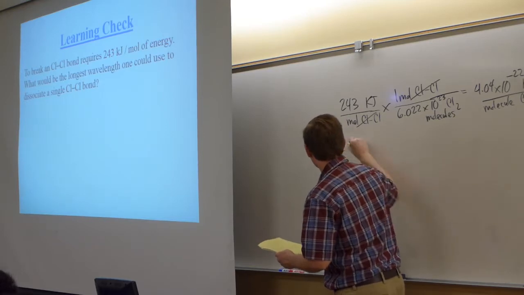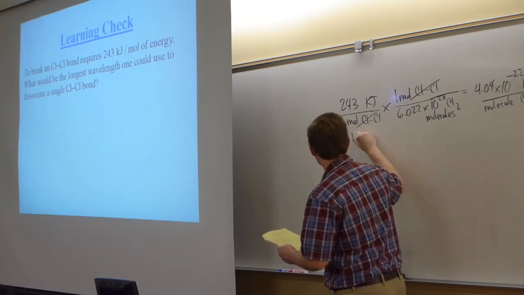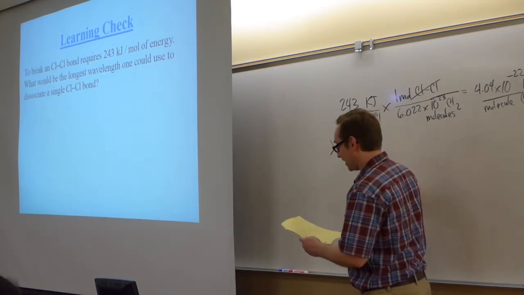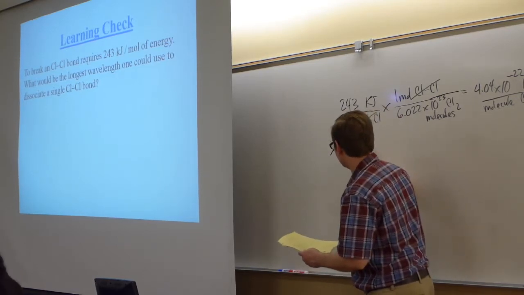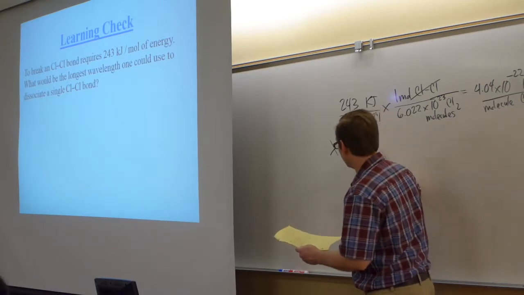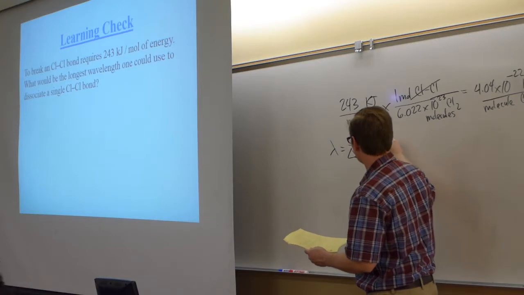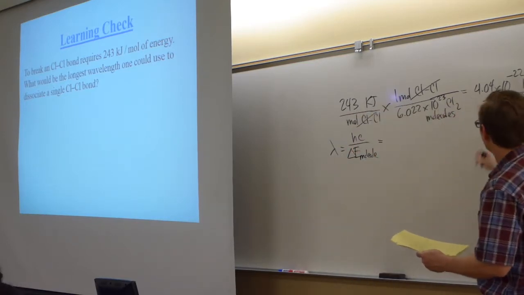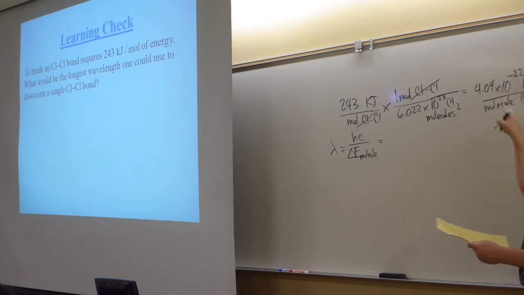Okay, so here's, you might recognize this. The wavelength is going to equal Planck's constant times the speed of light in a vacuum, divided by delta E atom. But in this case, we're going to say delta E molecule because it's chlorine as a molecule. So this energy here is our delta E per molecule of Cl2.